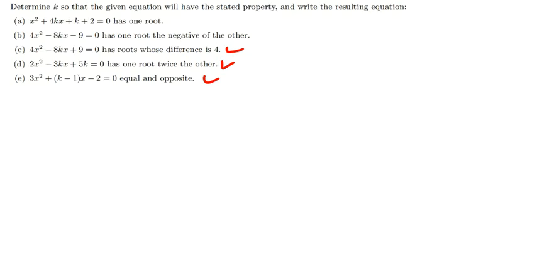So, they are saying that it has got one root twice the other. So, we are going to assume that the root we are talking about is alpha. Whenever we're talking about roots, we have got alpha and beta.